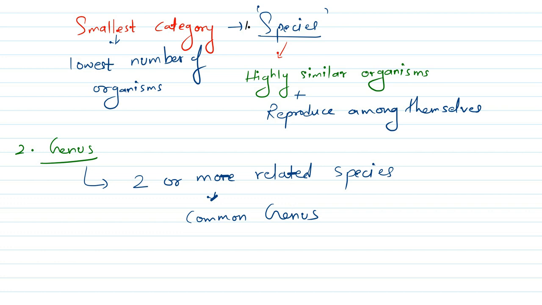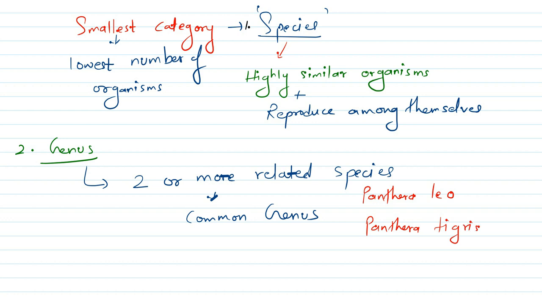So just recollect the example of lion and tiger which we just discussed before. In that we discussed that Panthera leo was the scientific name of lion and Panthera tigris was the scientific name of tiger.